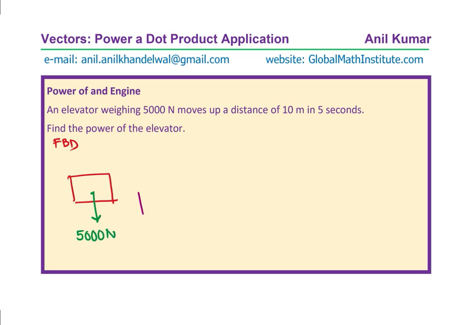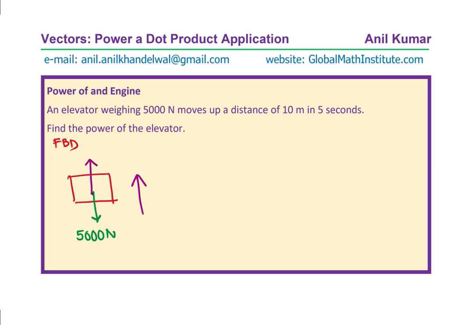However, the system moves up, right? Since the system moves up, we need to apply an equal and opposite force in the upward direction so that the body can move upwards. Correct? Now that force we will assume to be equal to 5,000 newtons. You get the idea. So that is what we are going to assume.